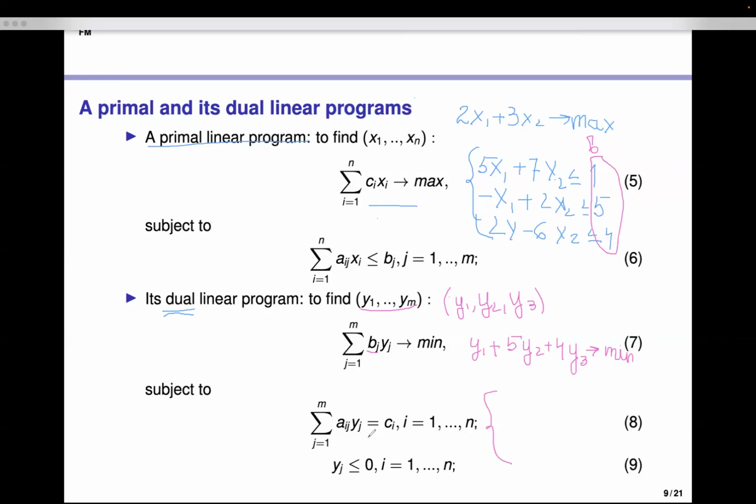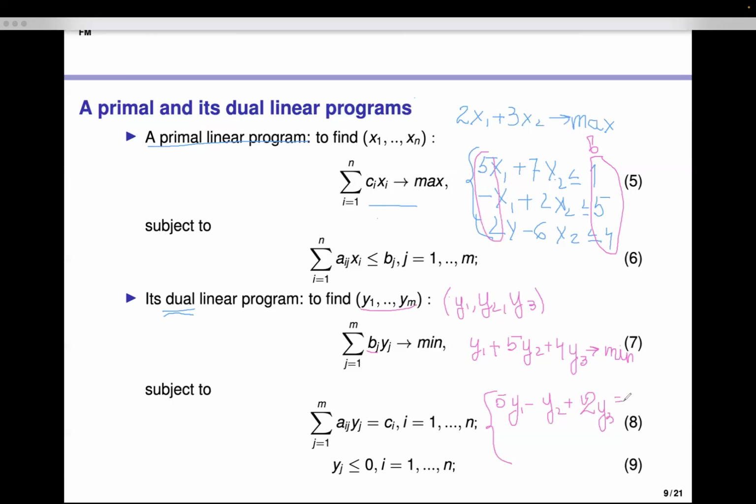And what about this system of linear inequalities? We must multiply the first vector by y1, the second vector by y2, and the third vector by y3. So 5y1 minus y2 plus 2y3, because we take all these coefficients and multiply by this vector of y's, and it equals C1.